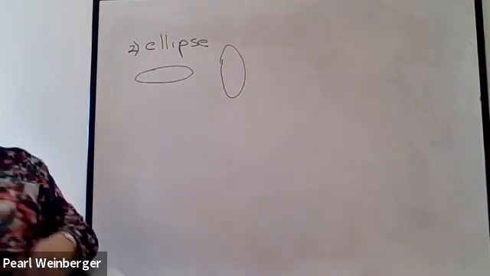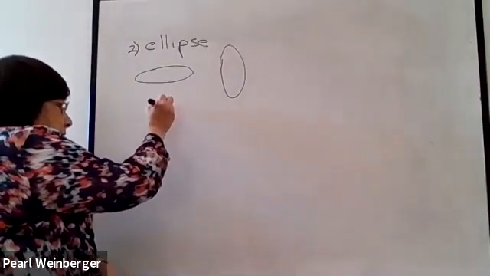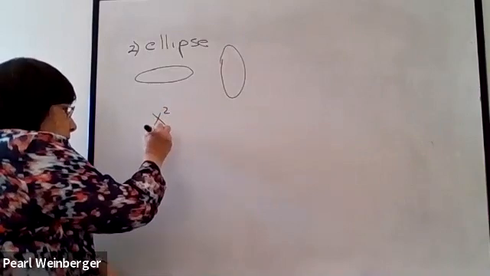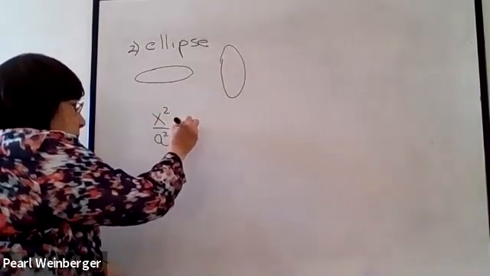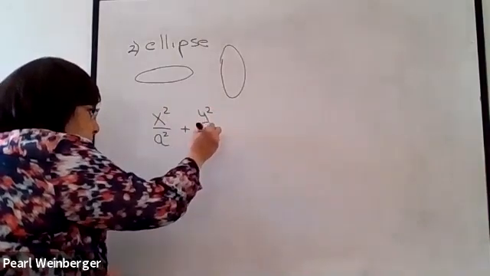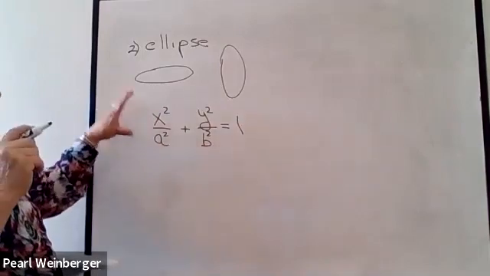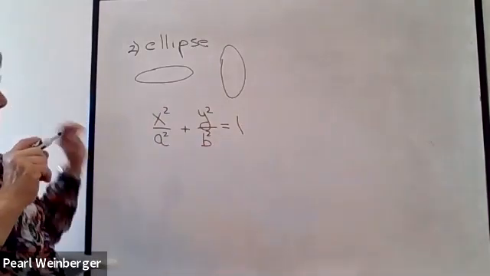So the basic equation of an ellipse looks like this. x squared over a squared plus y squared over b squared equals 1. This is what's called the standard equation of an ellipse.